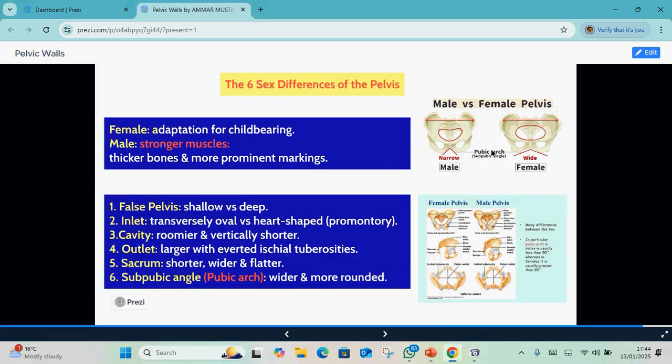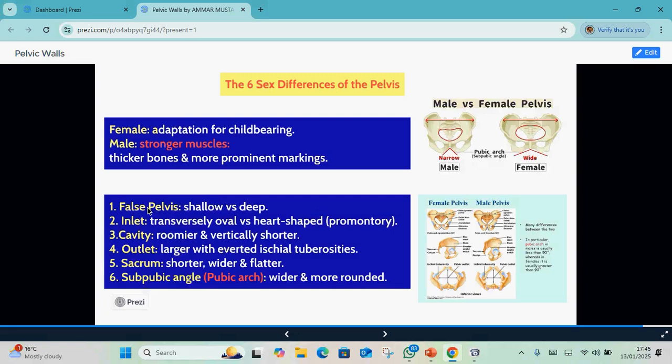Then we spoke about the main differences in the pelvis between the two sexes, males and females, and we said it's mainly because it makes the pelvic bone in females ready for childbearing and delivery, and we said the muscle markings are prominent in males because of the muscle attachment.